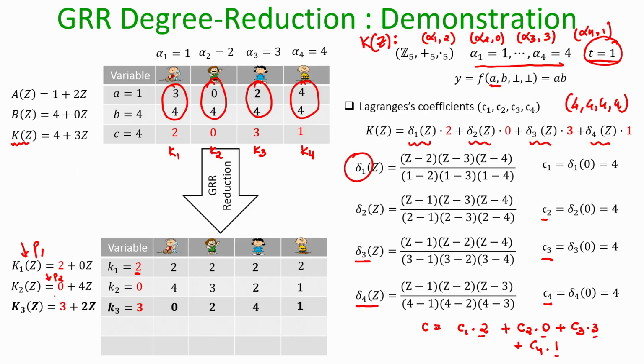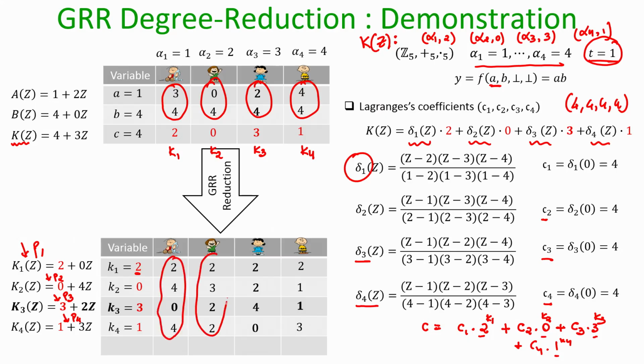Party 3 will act as a dealer and secret share its private input namely k 3 through a 1 degree polynomial, and similarly party 4 will act as a dealer and secret share its private input k 4 through a 1 degree polynomial. And now we have to compute this linear function. So, k 1, k 2, k 3, k 4 are now already available in secret shared fashion. Apply the same linear combination on the respective shares of k 1, k 2, k 3, k 4.